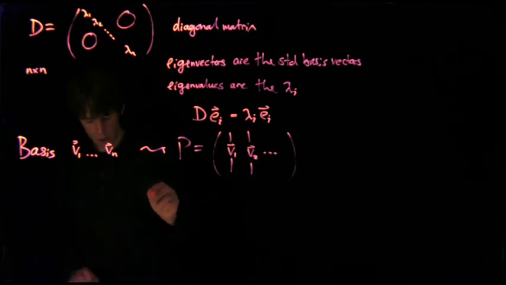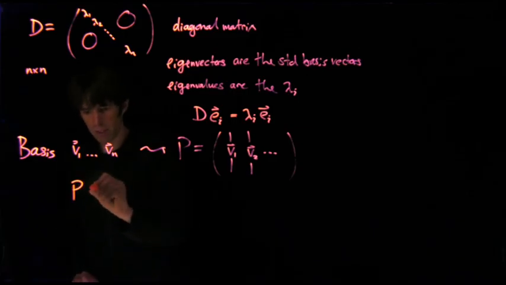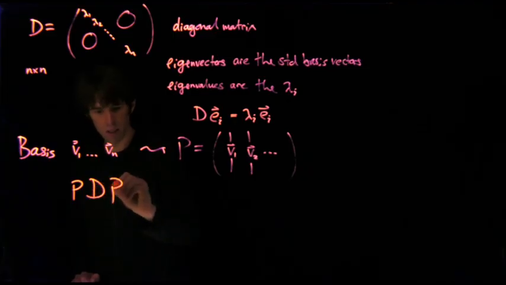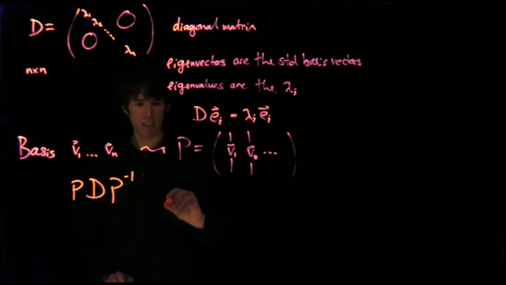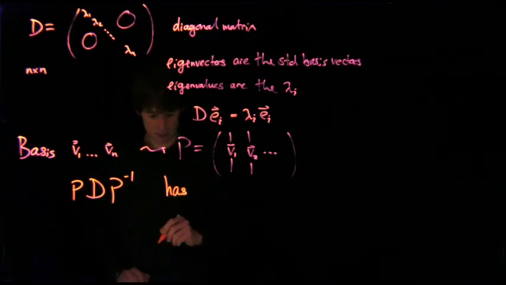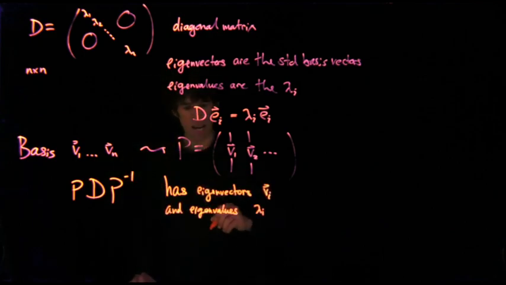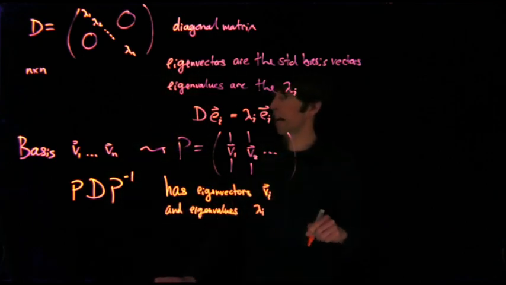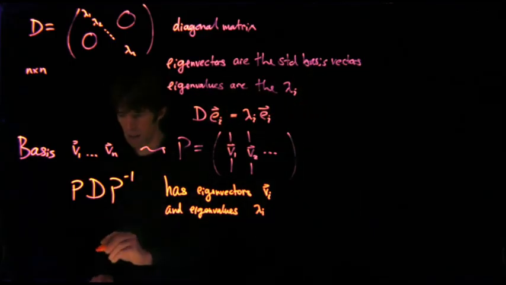So let's now use the change of basis formula and look at the matrix P D P inverse. This matrix, I claim, has eigenvectors given by the v's. And the eigenvalues will be the same ones as we had before, the lambdas. So let's check this.